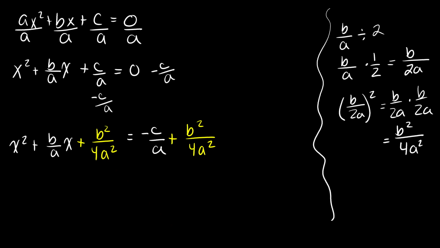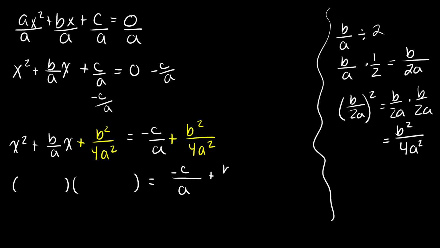Okay, so in this next step, I'm going to do 2 things at once. Because we got kind of a mess on the left and we also have a mess on the right, we want to make some progress on both of those. In my mess on the left, I am going to factor that. And in my mess on the right, I am going to try to get a common denominator.